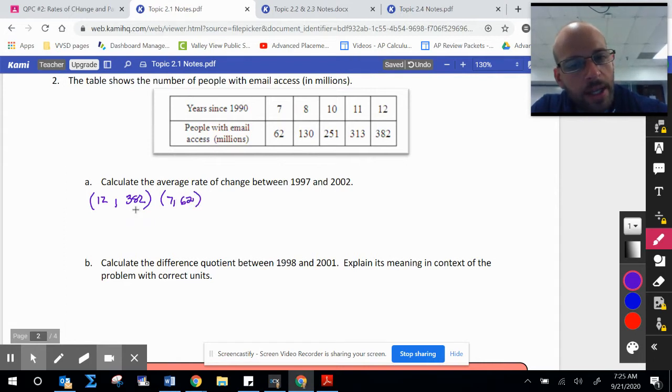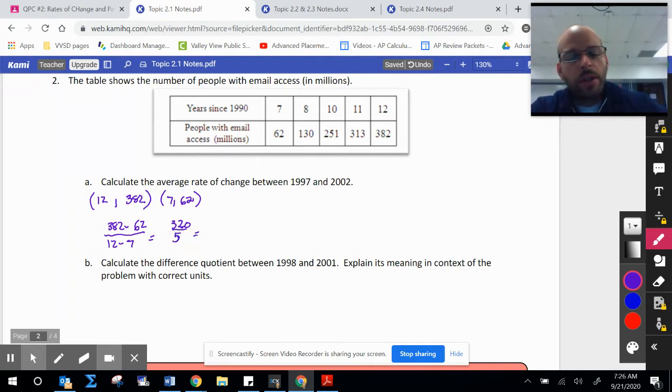So I'm going to say 382 minus 62 all over 12 minus 7. If you subtract that, we get 320 all over 5.